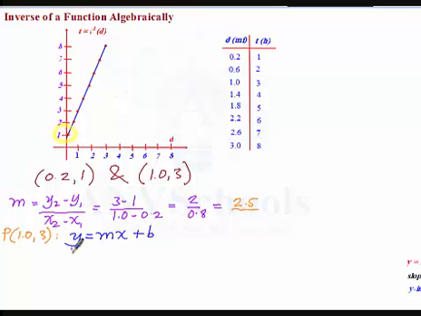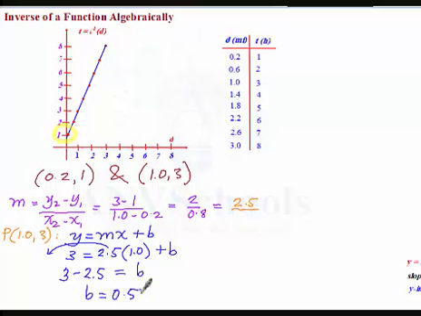So if my y is 3 and my m is 2.5 and my x is 1.0 plus b, I could solve my b now by transposing this value to the other side. So I have 3 minus 2.5. 2.5 times 1.0 is just 2.5, is equal to b. And so my b is equal to 0.5.